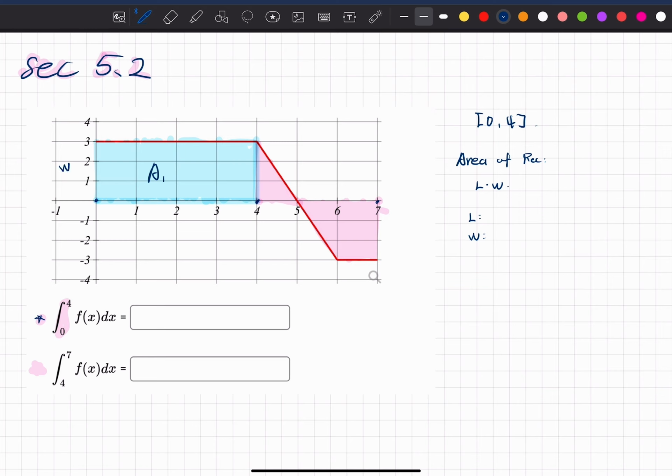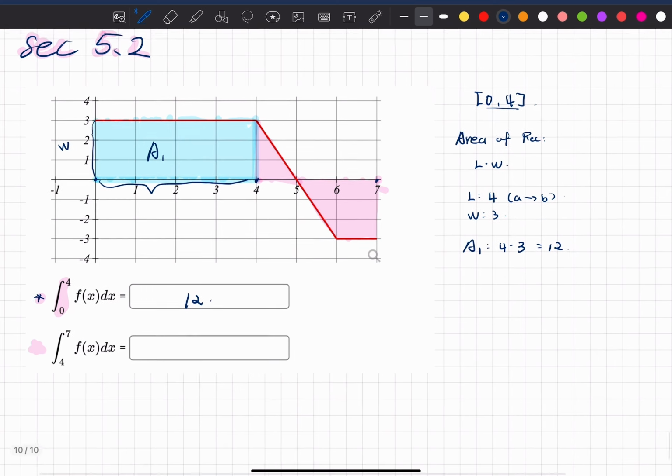This is pretty straightforward: we can observe through the graph that the width is 3 units and the length is 4 units, which is just the distance from A to B. So we can easily know that area 1 is 4 times 3, which is 12.